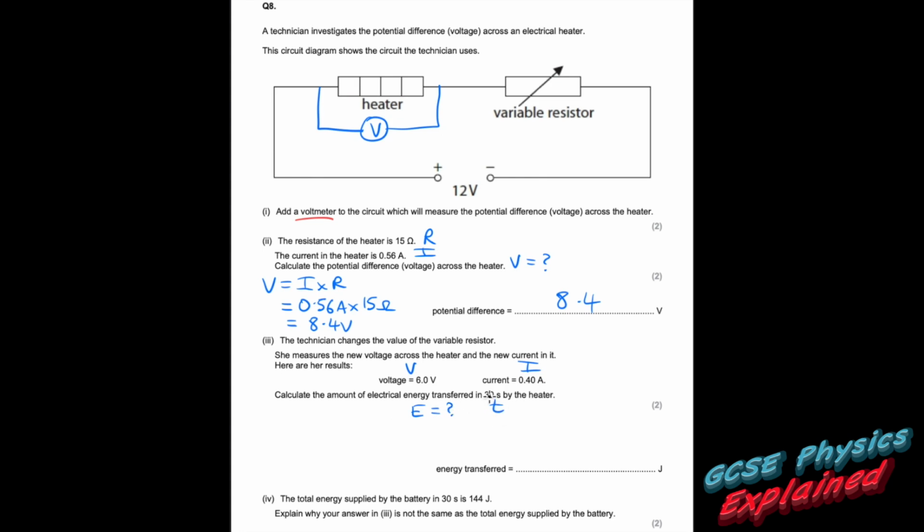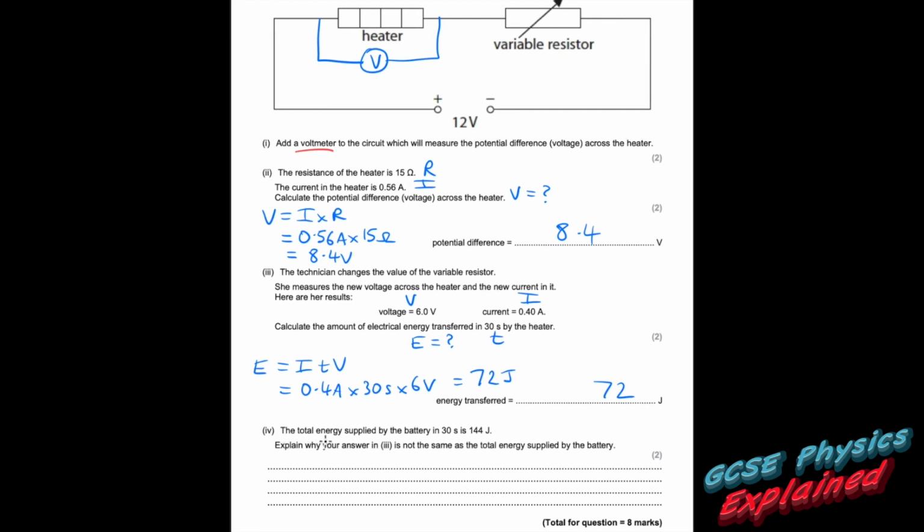Time is already in seconds, that's great. Pop the numbers in, and that comes out as 72 joules. Remember, all energy is measured in joules.